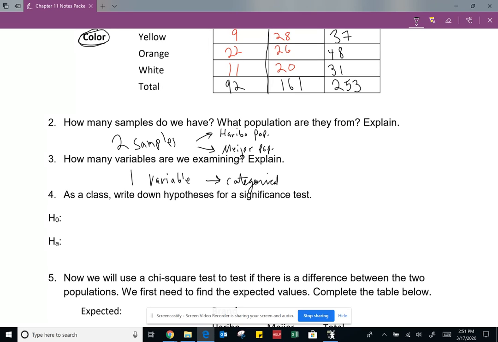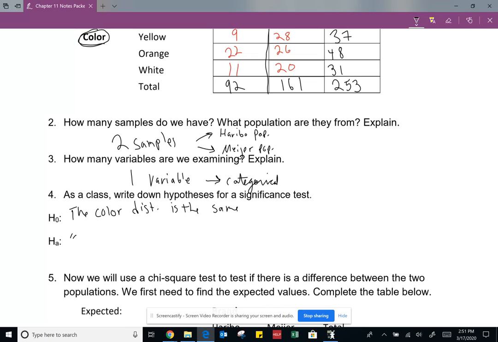Well, the null hypothesis would be that the distributions are the same, and we're going to test whether they are different. So just to shorten it, I'll say the color distribution is the same, and then obviously you need context.